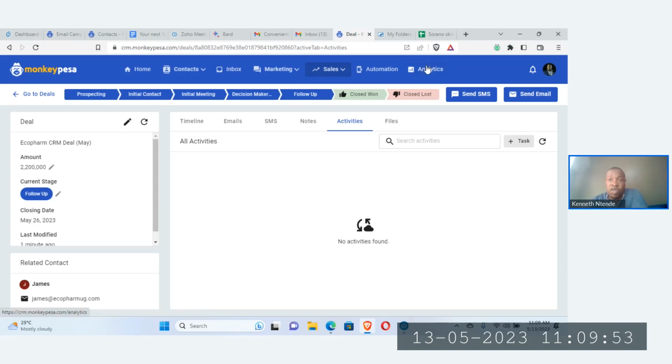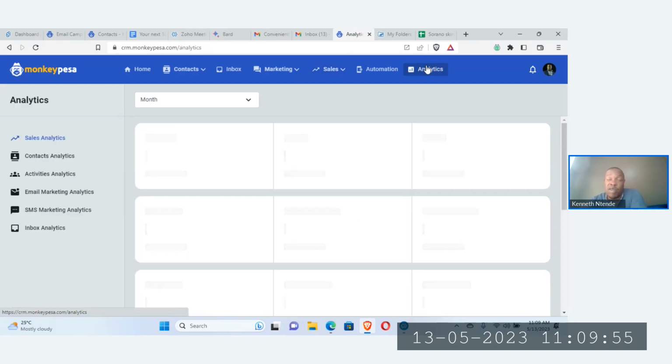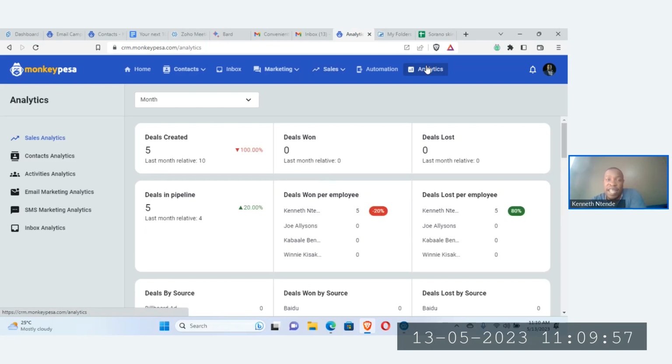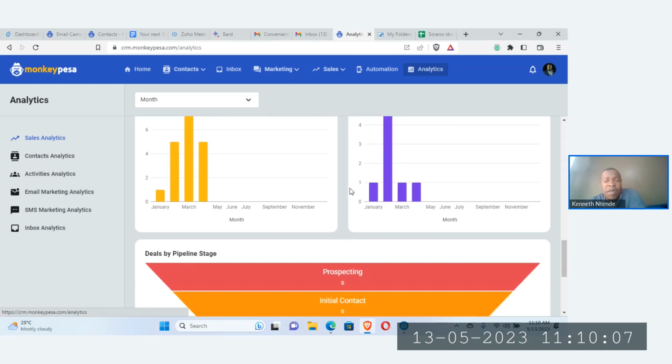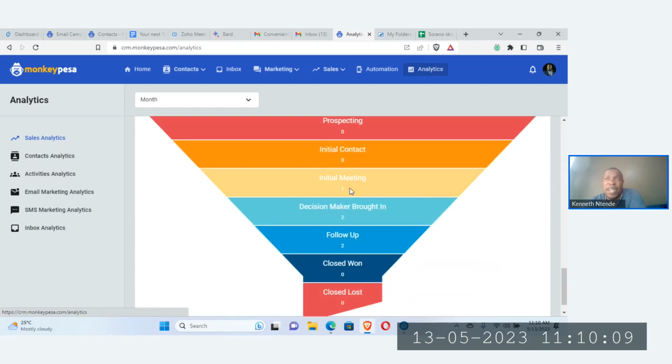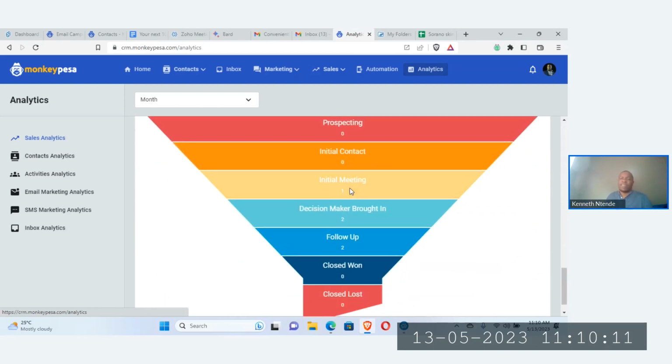That's number one. Then number 2, we also help you track analytics of what's happening inside sales, meaning how many deals have been created, what's the value of those deals, how many deals each of your employees has created, what are the sources of those deals, how many have been lost. We even have a pipeline showing you at each of the stages how many deals are there. So we try and dive really deep into understanding the pipeline. And the beauty is this is continuously improving.